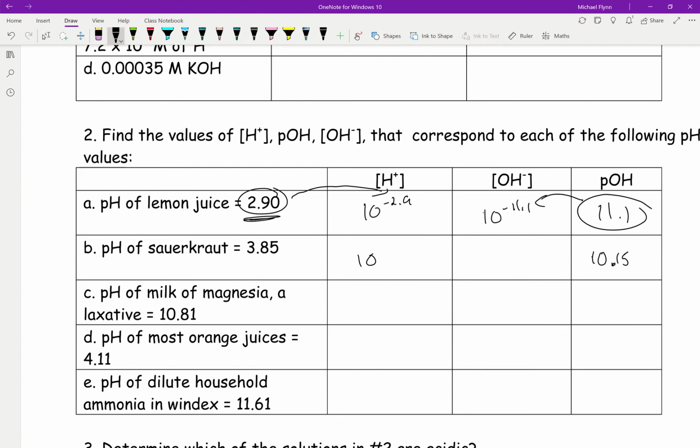The concentration of hydrogen would be 10 to the negative 3.85. That number goes into the exponent. And over here it would be 10 to the negative 10.15, which goes in here. Now you can actually enter that into your calculator and see what the decimal is, but don't bother, just leave it as a power of 10.